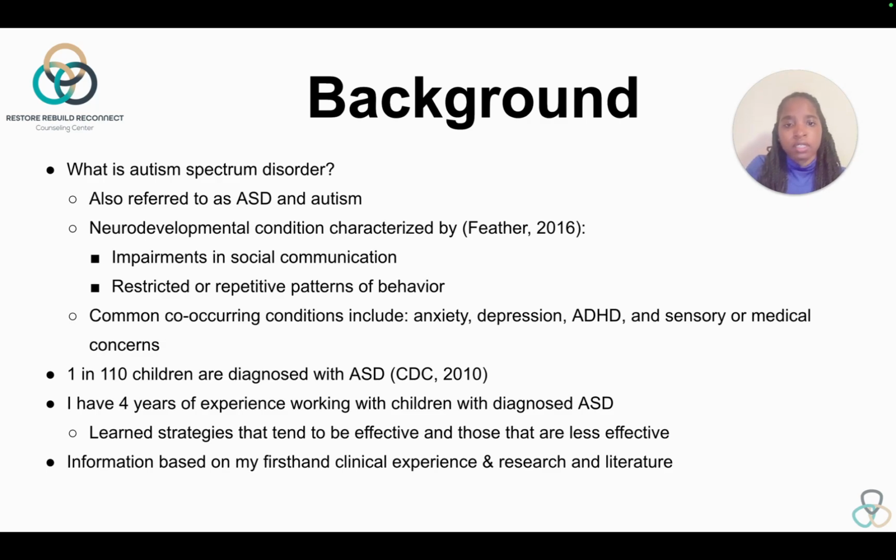Autism is described as a neurodevelopmental disorder marked with impairments in social communication and the presence of restricted or repetitive behaviors. Autism is often accompanied by co-occurring conditions such as anxiety, depression, ADHD, or sensory or medical challenges. And according to the CDC, 1 in every 110 children are diagnosed with autism.